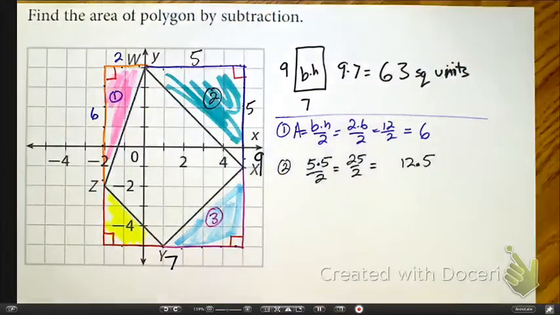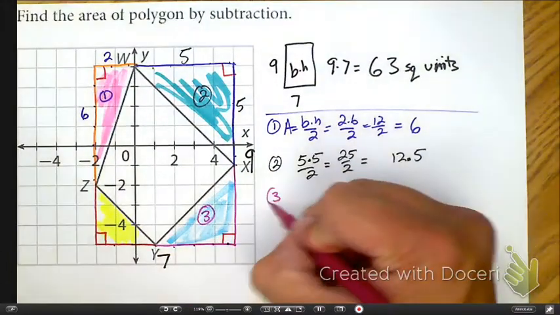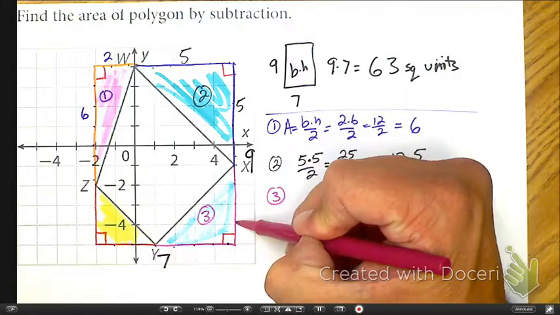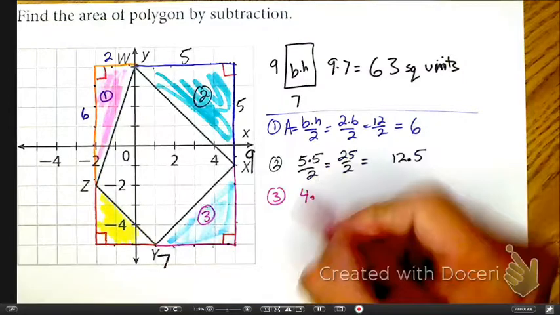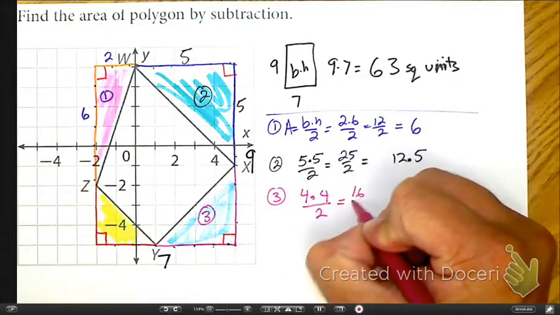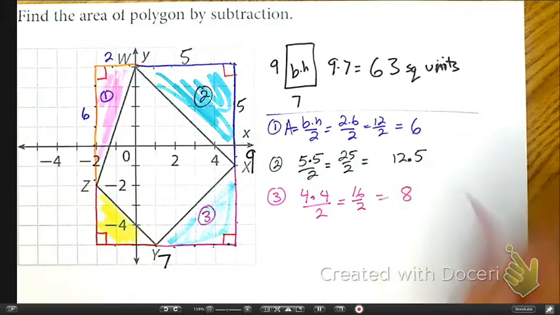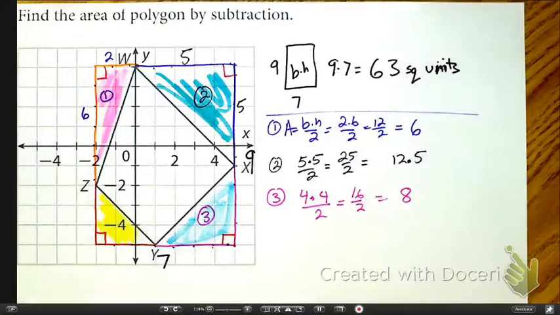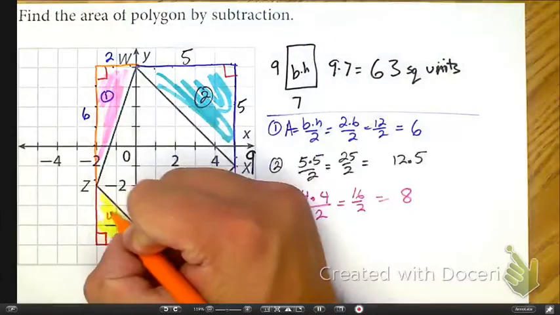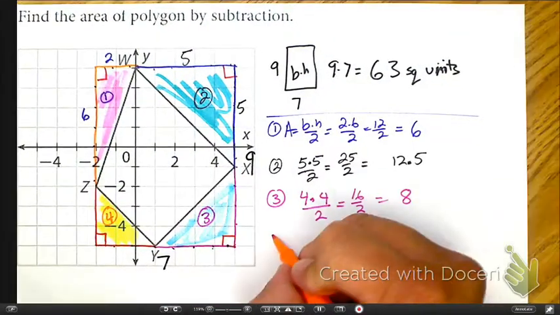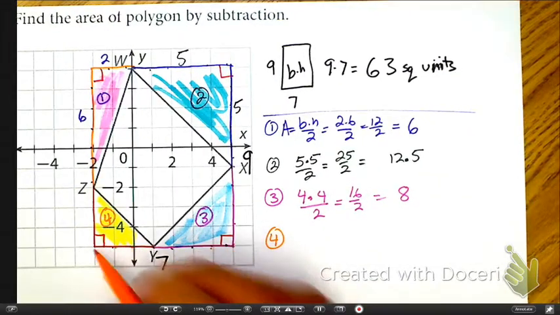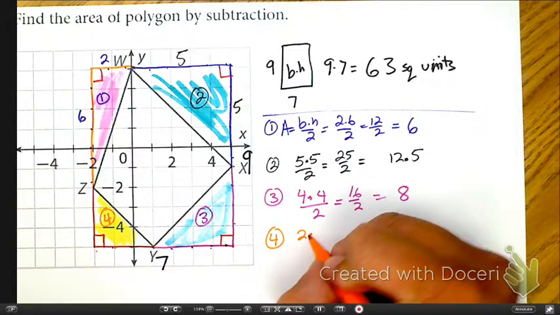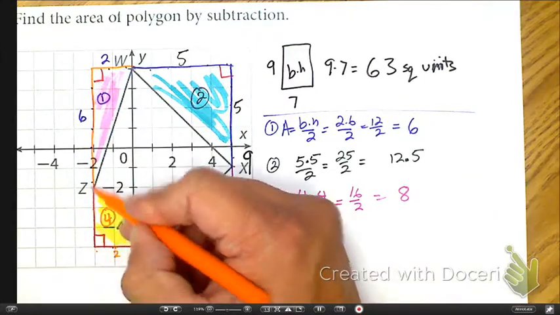Third triangle, blue one down here at the bottom. 1, 2, 3, 4 tall. 1, 2, 3, 4 wide. 16 over 2, 8 square units. Lastly, this yellow triangle down at the bottom. 1, 2 units as the base. 1, 2, 3 units tall.